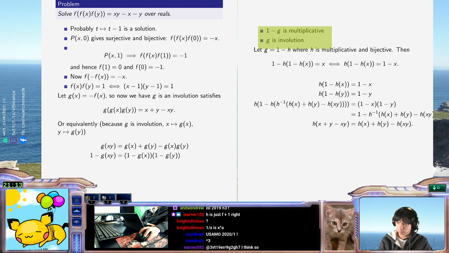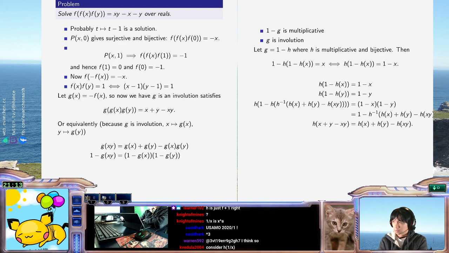If g is such a function, then 1 minus f, sorry. Yeah. So I have it down to something that I want.